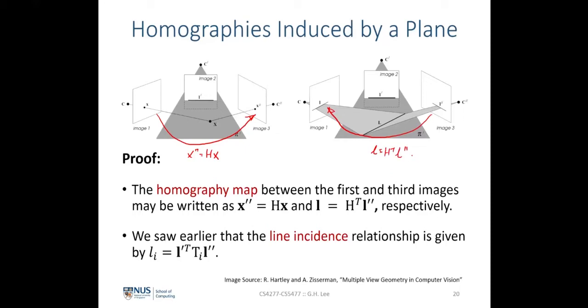We also saw earlier that the incidence relation between the three line correspondences L, L prime, and L prime prime in the respective three views is given by Li equals L prime transpose multiplied by the trifocal tensor Ti multiplied by L prime prime, where Li is the ith coordinate of the line L, and Ti is the 3x3 matrix that corresponds to the trifocal tensor.